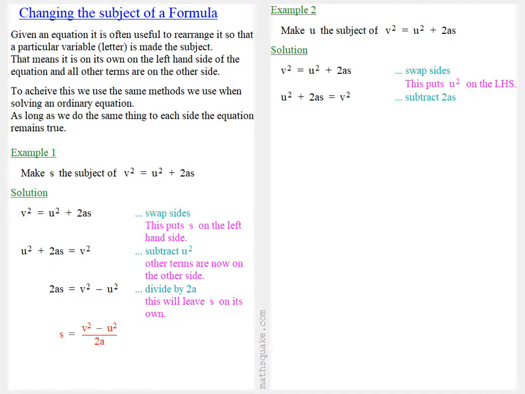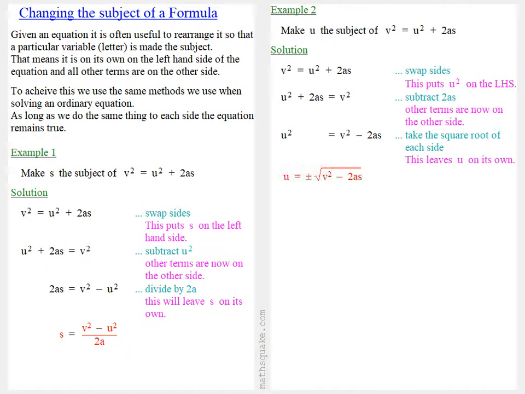Now if we subtract 2as from both sides, that will leave just u squared on its own and all the other terms on the right-hand side. This gives us u squared equals v squared minus 2as. Now we've got u squared and we want u, so we take the square root of each side, and this leaves us with u equals plus or minus the square root of v squared minus 2as.